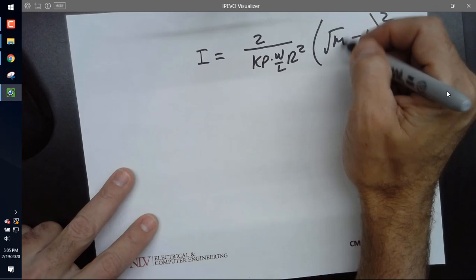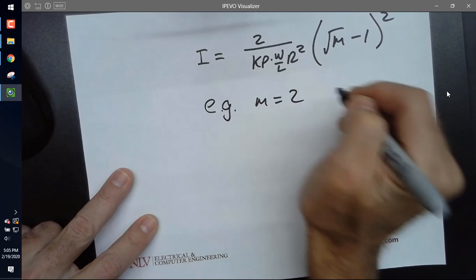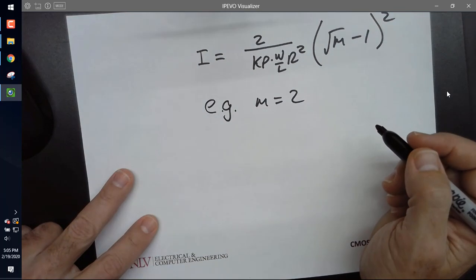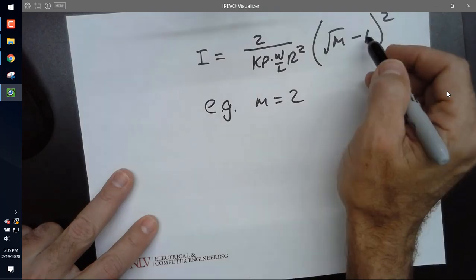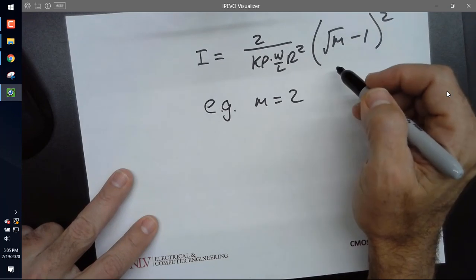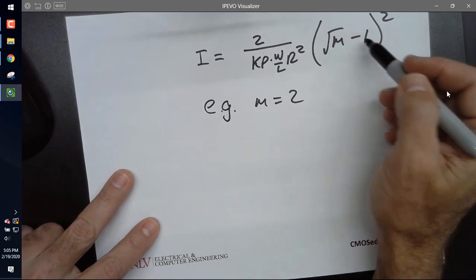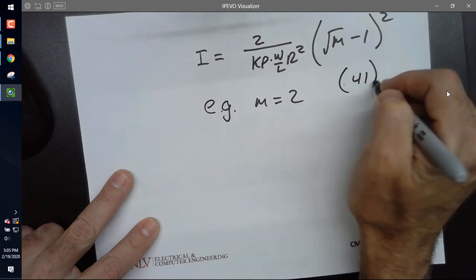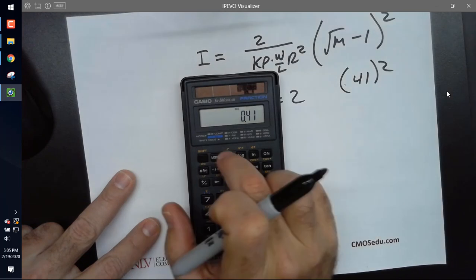Let's simulate it real quick. So that would be the square root of 2 minus 1. What's the square root of 2? 1.41. What's 1.41 minus 1? 0.41. What's 0.41 squared? 0.16, and wait, 0.17.